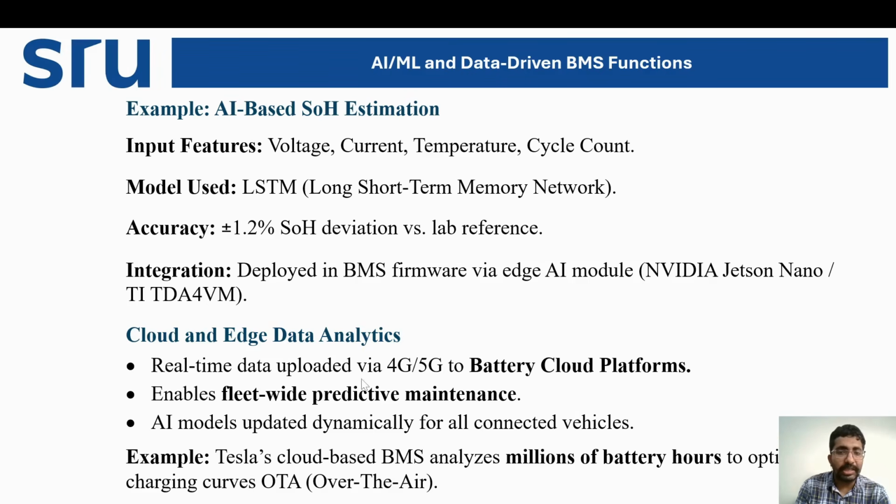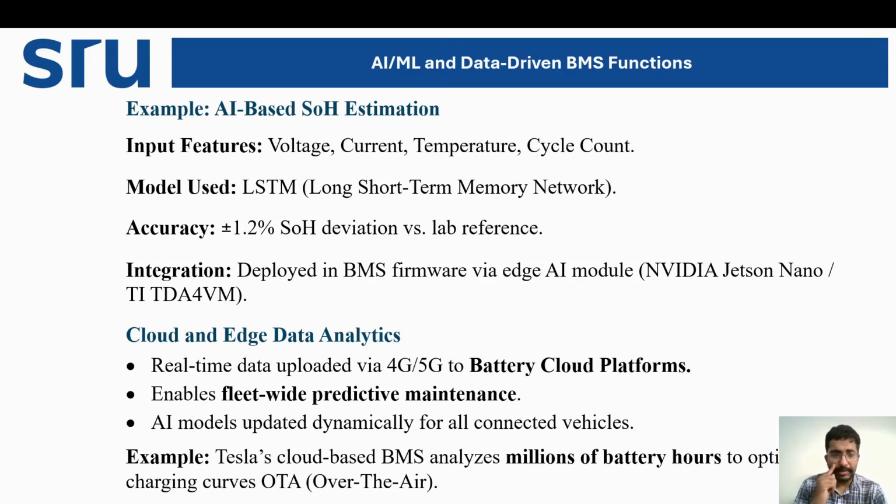Similarly, cloud and edge data analytics can be used for real-time data uploaded via 4G or 5G to battery cloud platforms. The battery companies will be providing some server-related services which enable fleet-wide predictive maintenance. Suppose 10, 20, 50 vehicles are moving around. What will be the status of the battery in the individual vehicles? They will be able to provide the prediction, proper maintenance, and proper movement can be monitored.